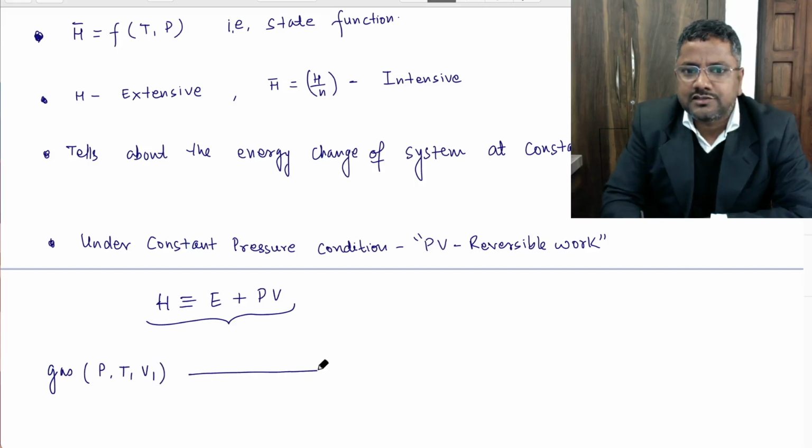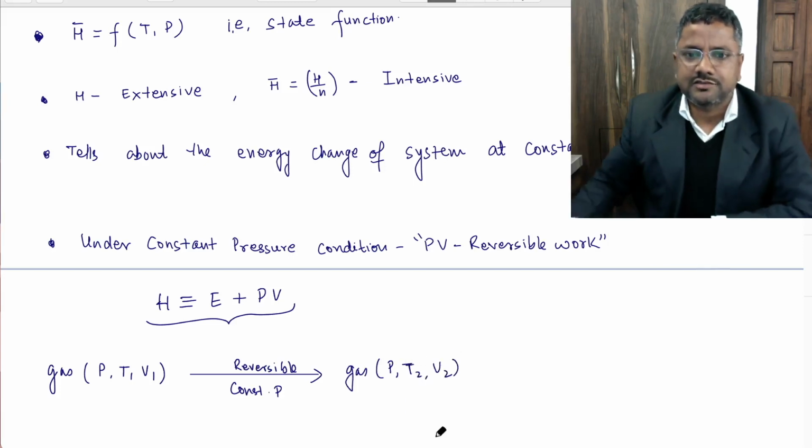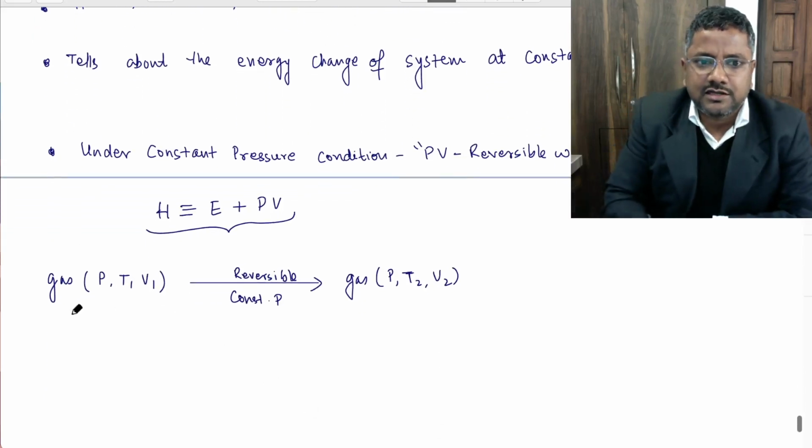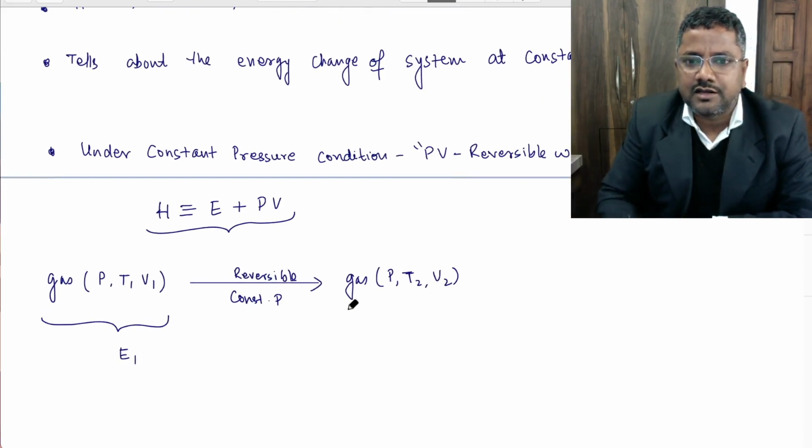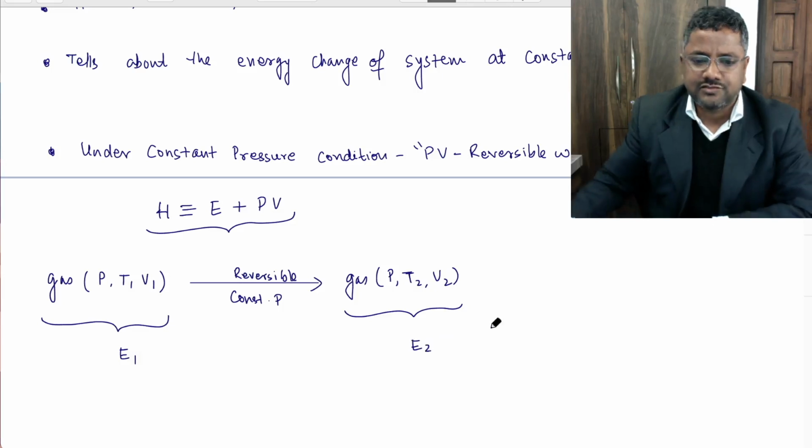And it changes reversibly at constant P. So here also the gas pressure is P, temperature T2, and volume V2, right? So here the internal energy is E1, and here the internal energy is E2, right?